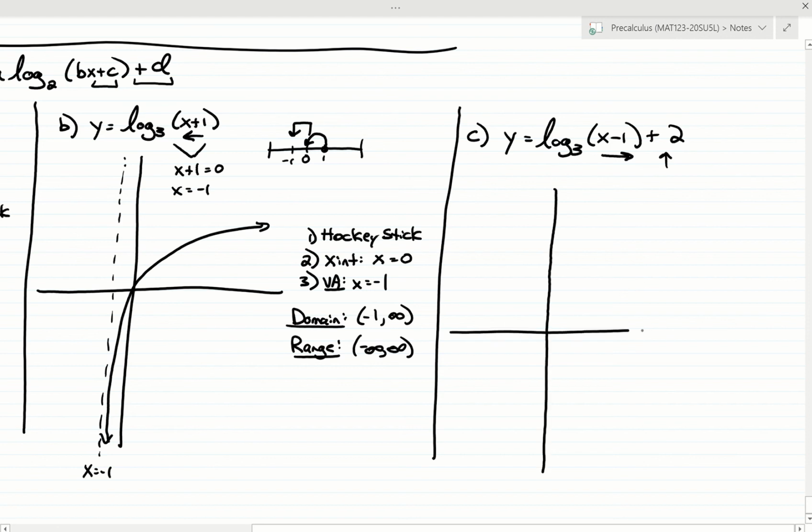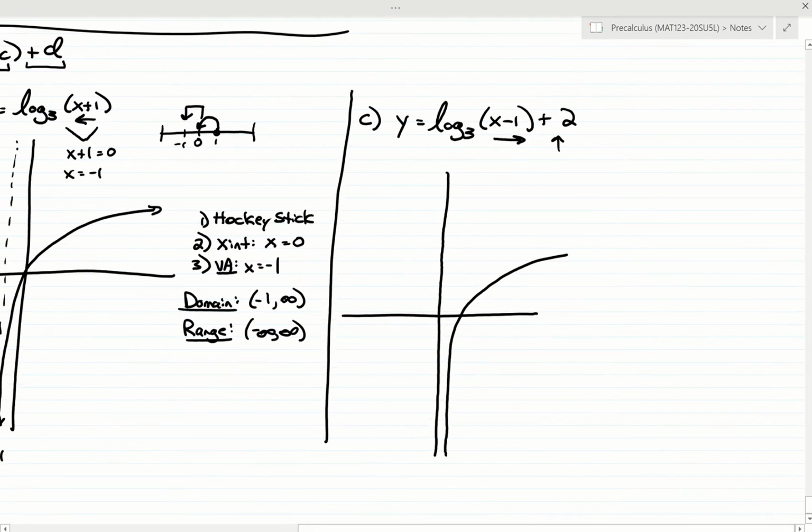Start with your parent graph. That crosses the x-axis at 1. But now, on a number line, think about it. If you're moving to the right 1, the x-intercept was 1, right? You're moving to the right 1.